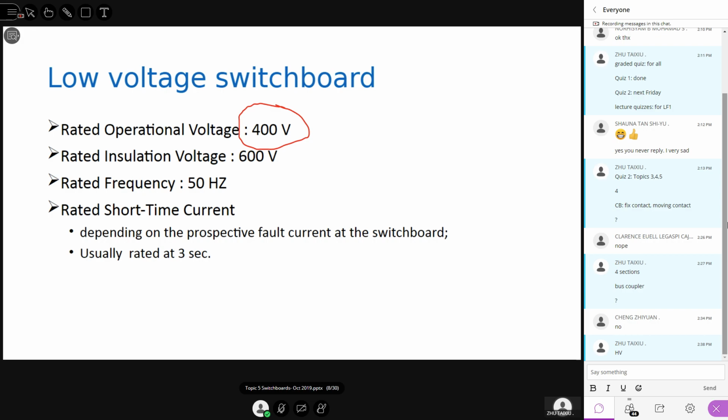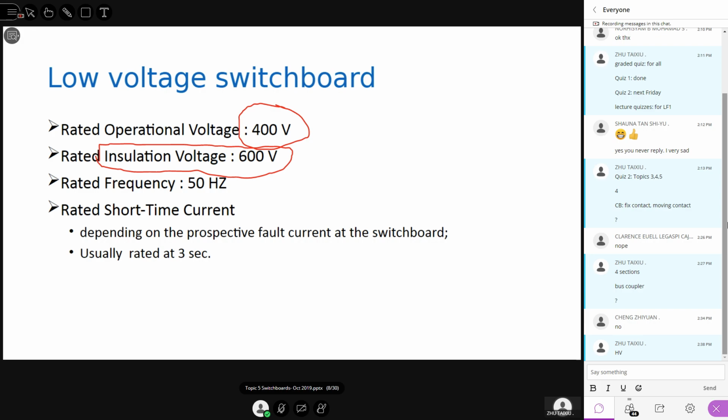Then what is the rated insulation voltage, meaning the withstand voltage? Sometimes the switchboard may experience over voltage, so there should be an insulation level. For example, 600 volts means so long as the voltage is less than 600 volts, it's safe.